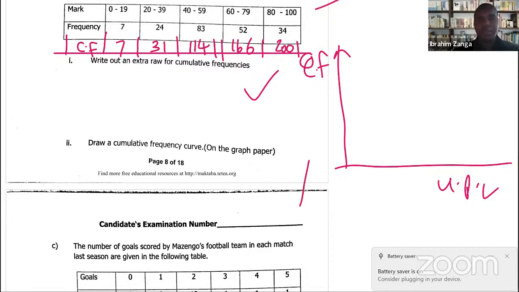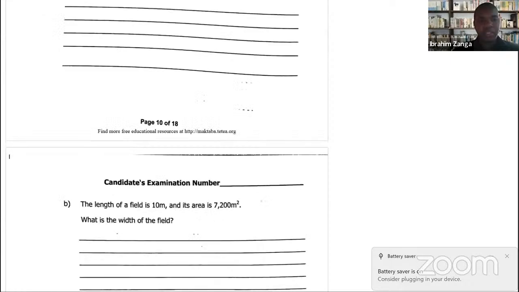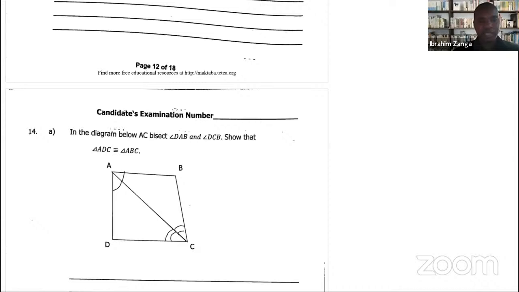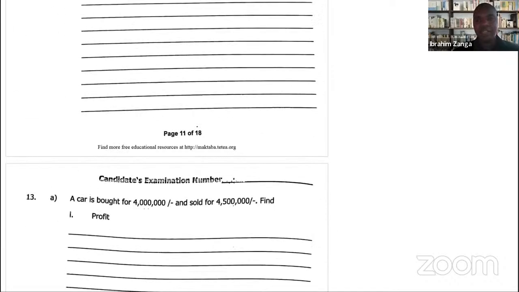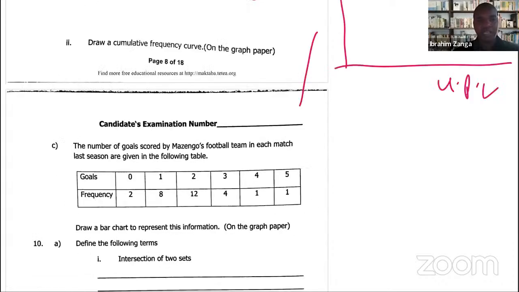So we are going to end at this point. Next session, we're going to continue with other questions in section B, starting with the questions we have solved already. Hopefully, this discussion gave you an idea of how you can do more revisions in Form 2 mathematics.